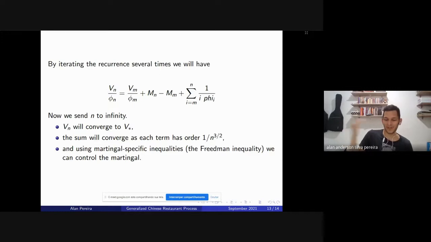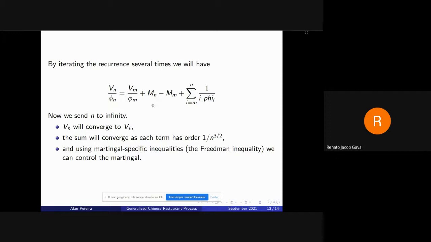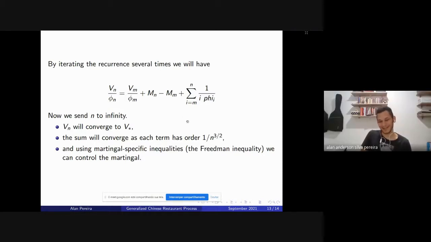It's large deviation, but without other scales. But they are also not using martingales. So using martingales, I only know that. Maybe there are others, but I am not so up to date about this model nowadays. Updated, yes.